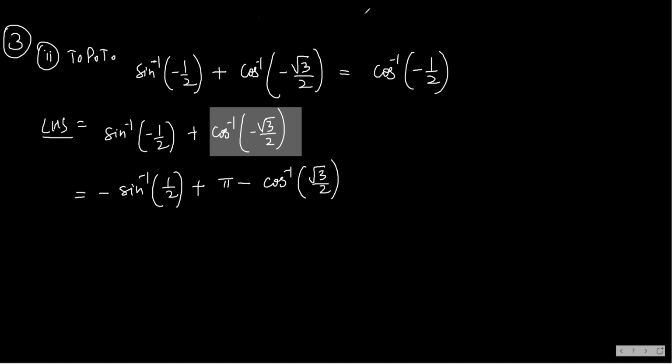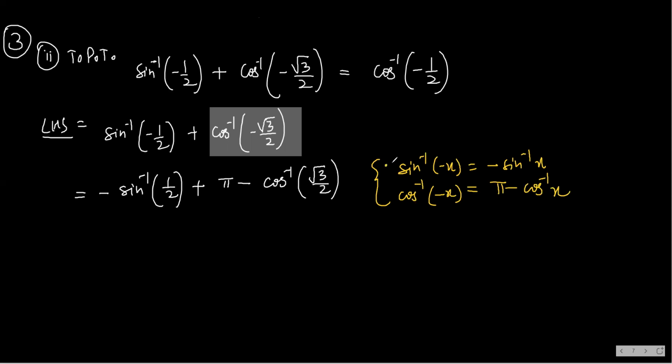Here I write the explanation: sine inverse of minus x equals minus of sine inverse x, and cos inverse of negative x is pi minus cos inverse x. These two you will write, since we are using these two here. So for this I wrote minus sine inverse 1 by 2, and for this I wrote pi minus cos inverse root 3 by 2.